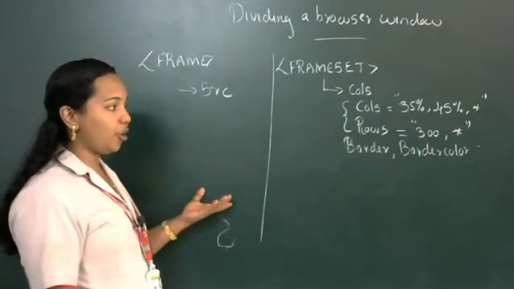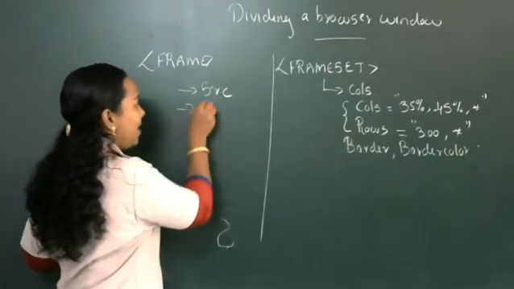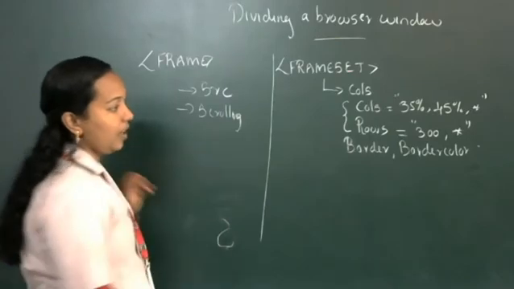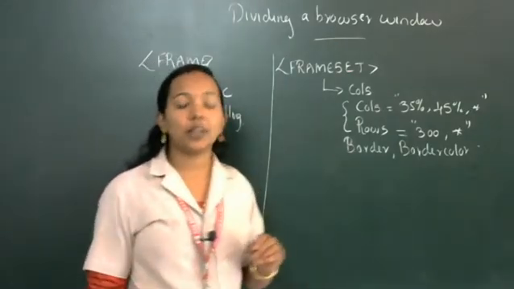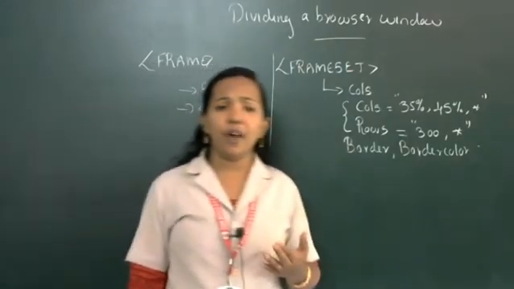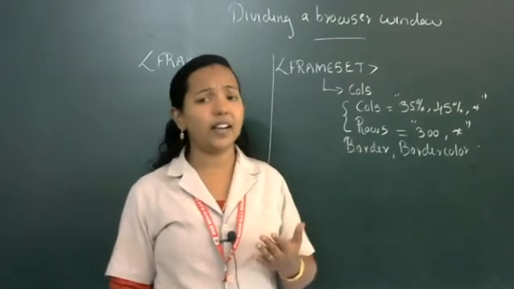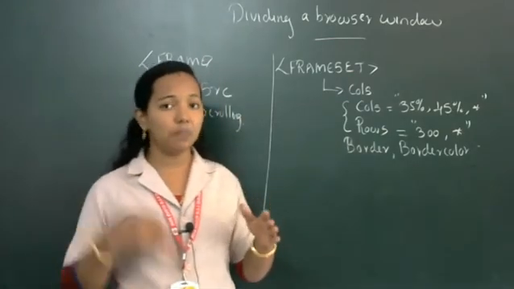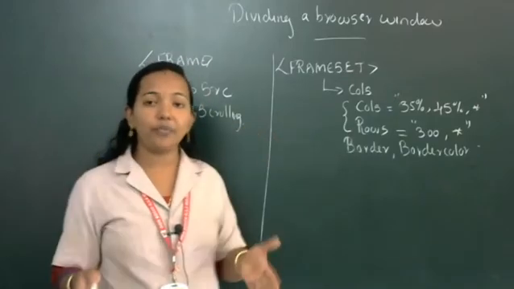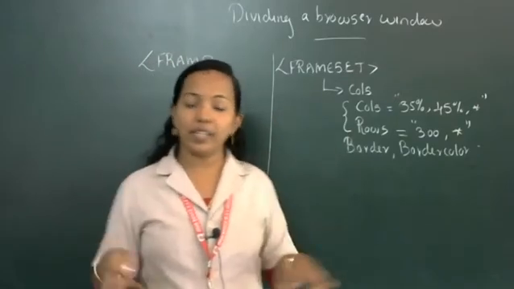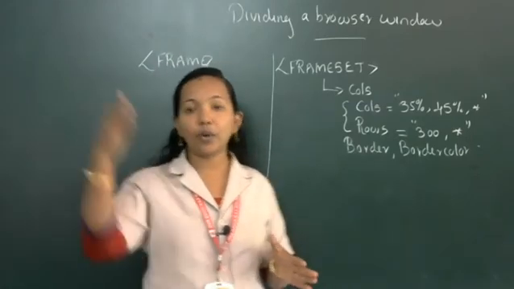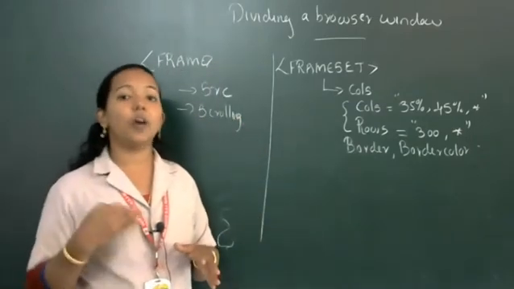Okay, first attribute was SRC. Second attribute is scrolling. You know, in a web page, if the size is more, meaning it is not fixed to a particular resolution or a particular screen, then you want to scroll up or scroll down.